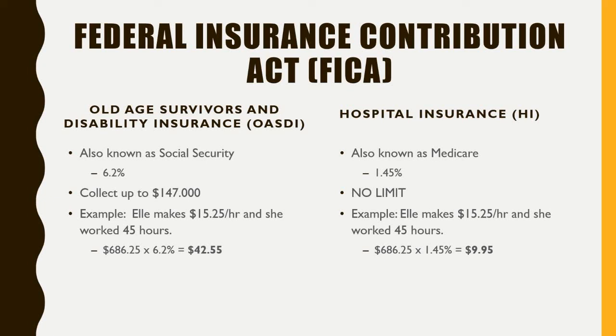They have different names that you can associate them with. Social Security is your Old Age, Survivors, and Disability Insurance, or OASDI, but it's most commonly known as Social Security, which is 6.2% of your gross pay.